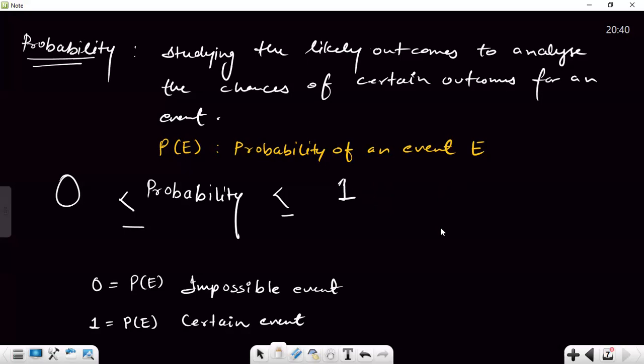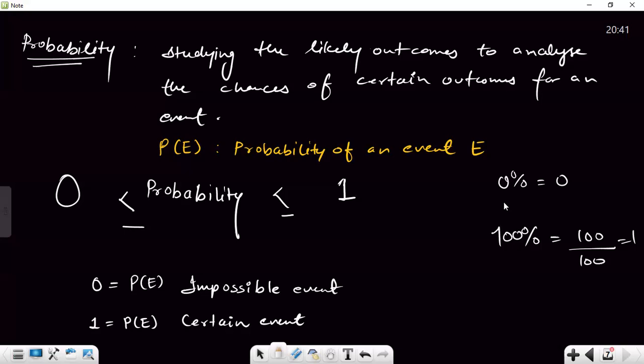When we write 100%, it means 100 over 100, which is 1. 100% is 1. 0% is 0. So we may also represent probability in terms of percentage, but mostly we'll do it between 0 and 1. Is that clear, everyone? Yes, sir.